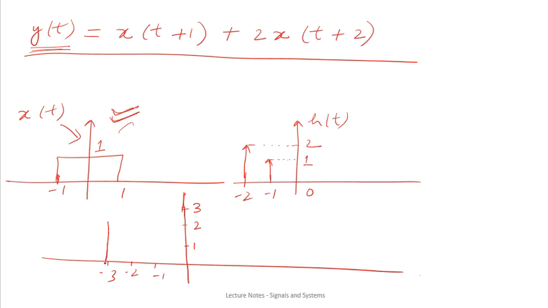So from -3 it will start, and it will go up to -2, and then it will rise up till this point.